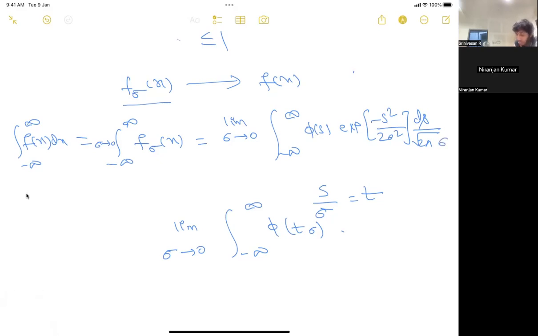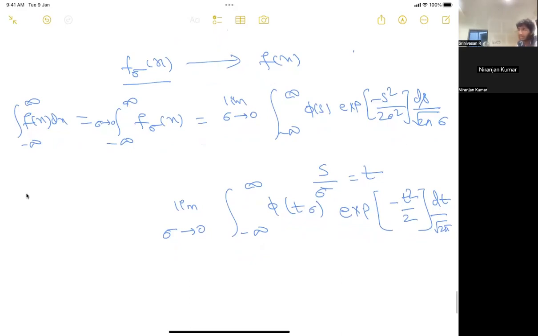So ds by sigma will just become dt, and the exponential above will become exponential of minus t squared by 2, dt by square root of 2 pi. Yeah, this is what we want.